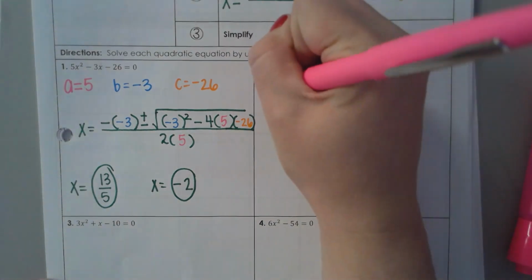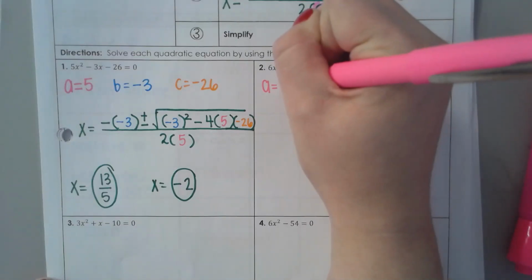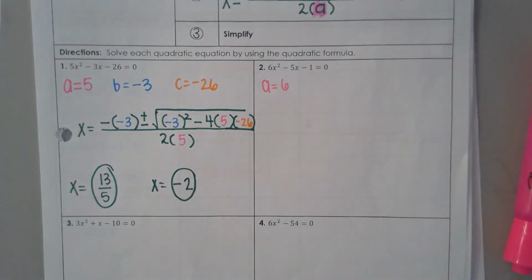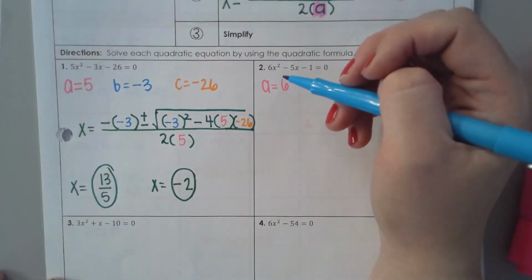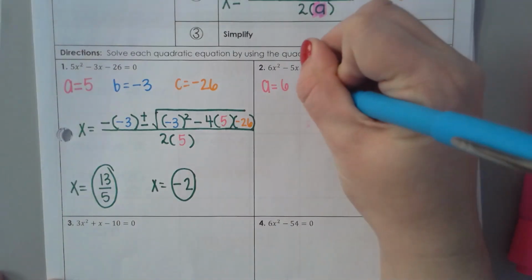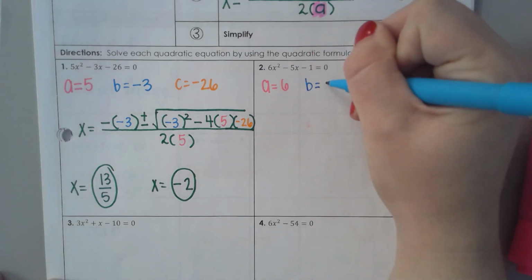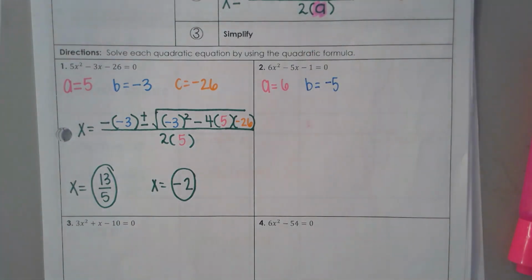What is A? 6. Oh, number 2. No. I was looking at A and said 6. B is what? Negative 5. And C is negative 1.